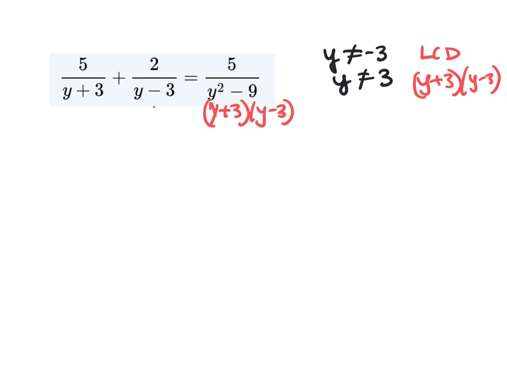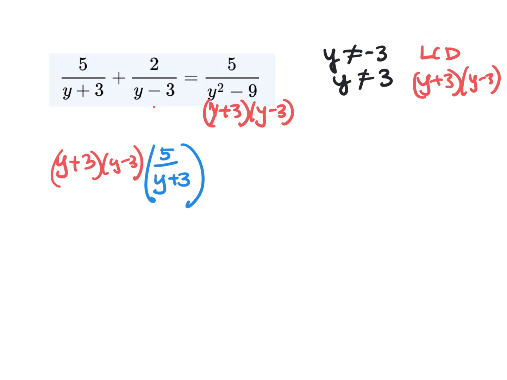And so now I'm going to multiply each part of the equation by that lowest common denominator. Starting here, I'm going to have y plus 3 times y minus 3, and that is going to be multiplied by 5 over y plus 3. And then the second expression, y plus 3, y minus 3, my lowest common denominator, I'm going to multiply by 2 over y minus 3.